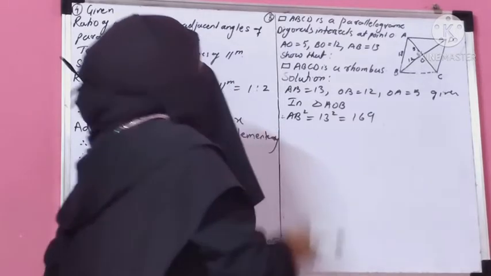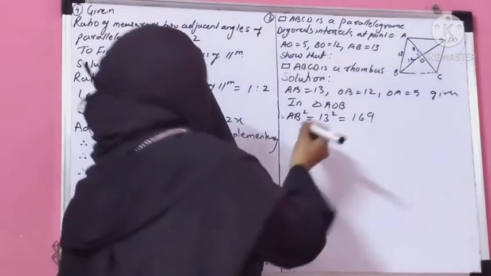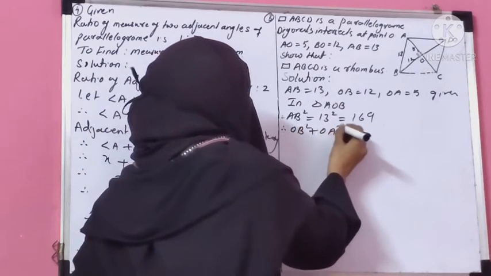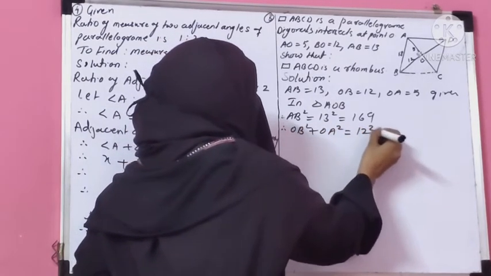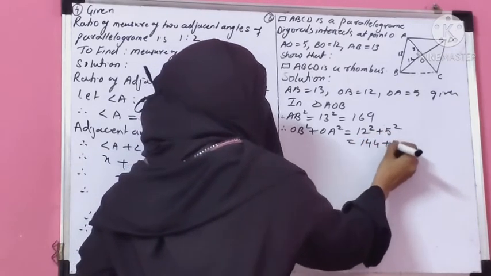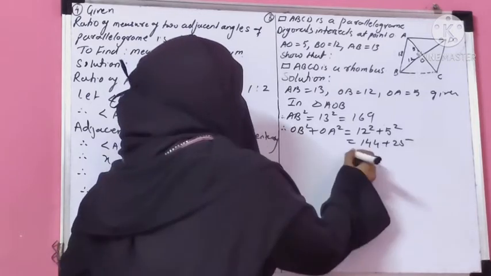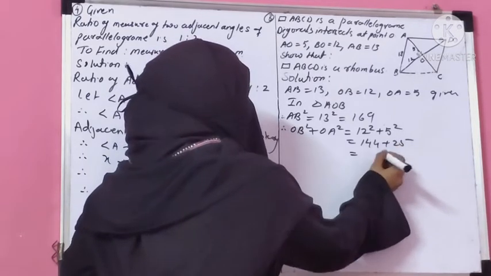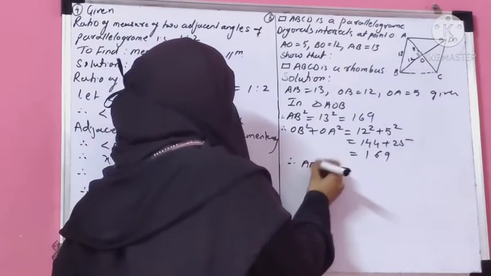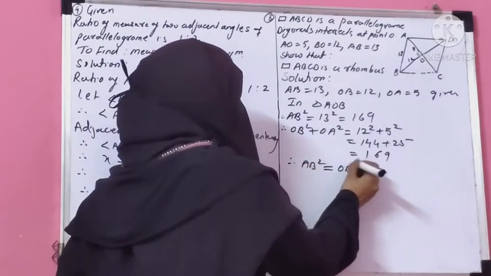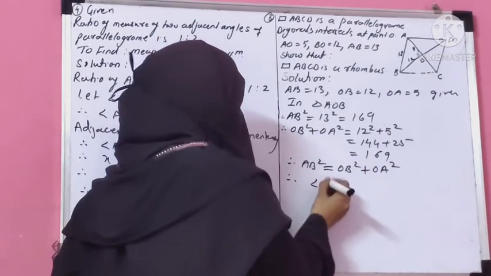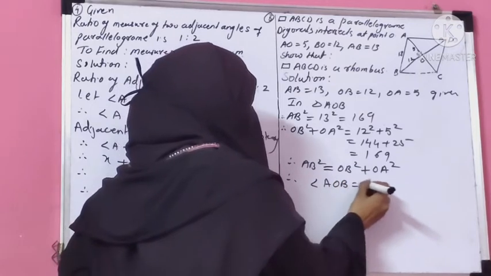Now find the sum of squares of the remaining two sides, that means OB square plus OA square. 12 square plus 5 square. 12 square is 144, 5 square is 25. That means 144 plus 25 is 169. So therefore AB square is equal to OB square plus OA square. So therefore angle AOB is 90 degrees.